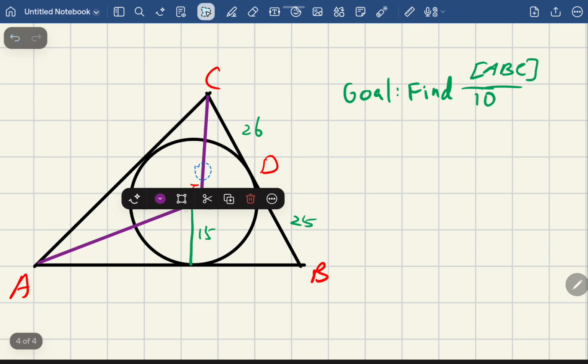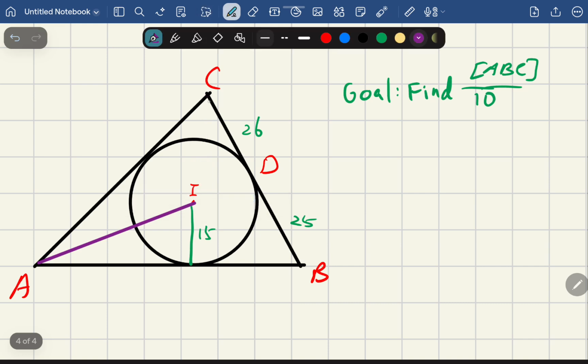Fine, I have to manually draw this one. So now we draw the tangents. What is wrong with me today?